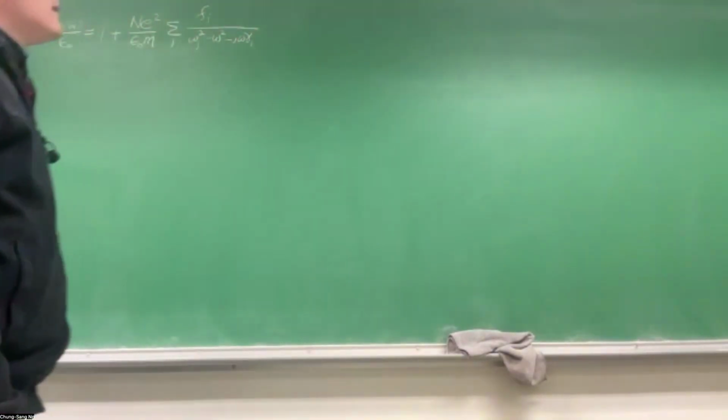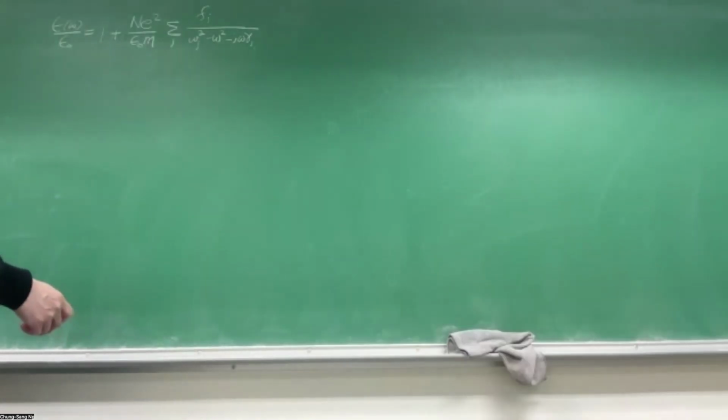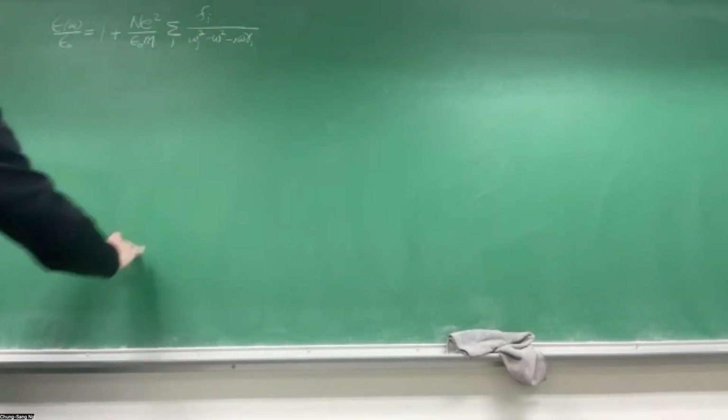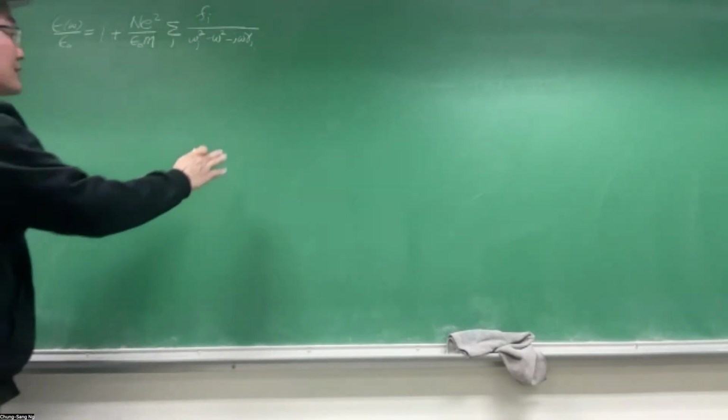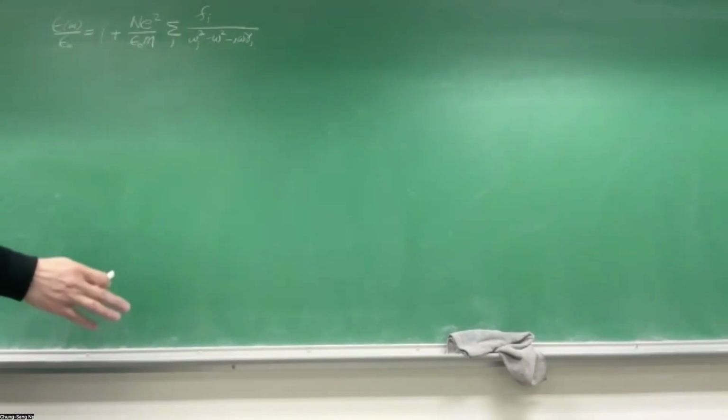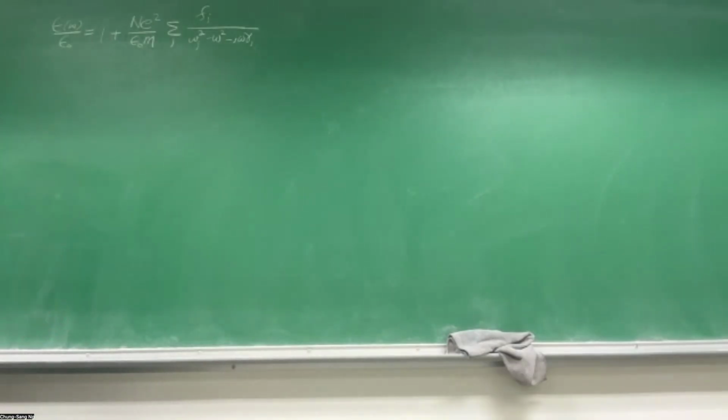So this model, of course, is simplified, but it's just to give us some physics of what can generally happen. So you can look at the properties of this dielectric constant in different limits.